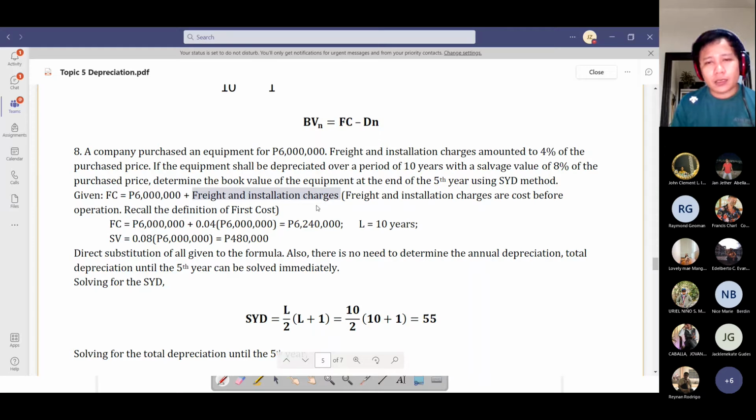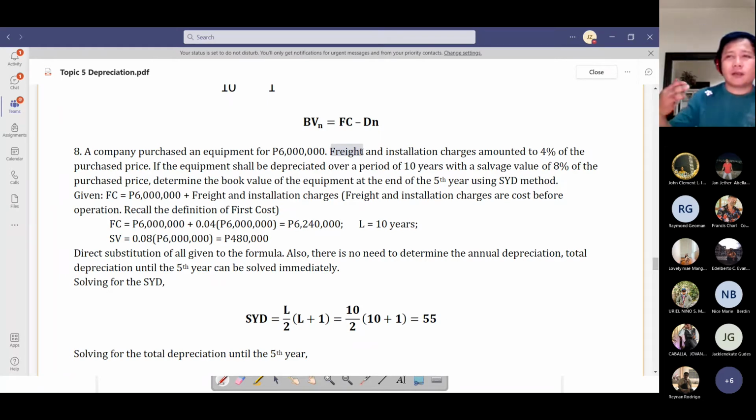Okay? Why? As I explain here, freight and installation charges are cost before operation. I don't know the exact pronunciation of freight.